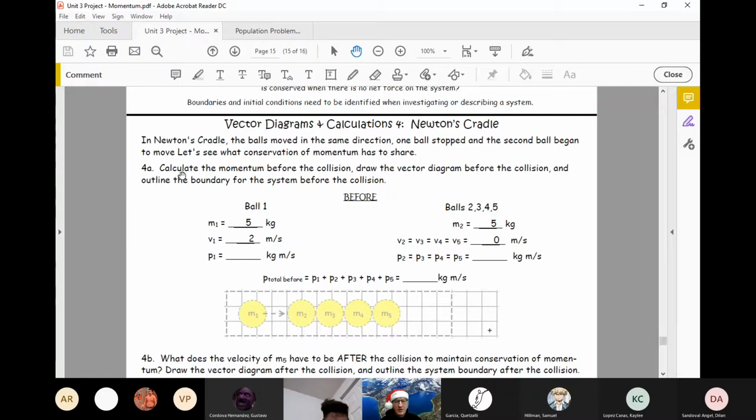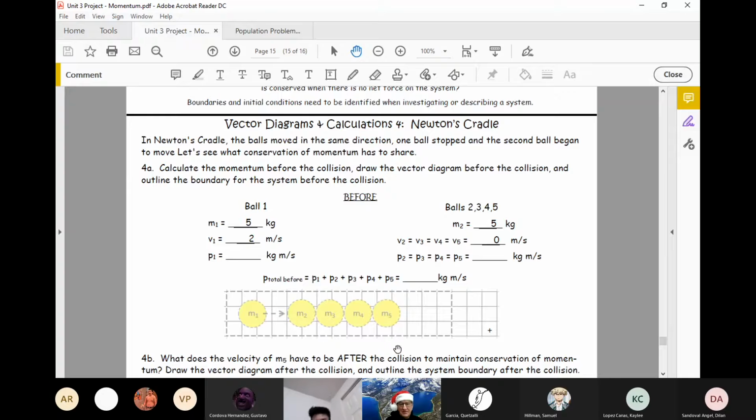They first of all want us to calculate the momentum before the collision. They want us to draw the vector diagram before the collision and outline the boundary of the system before the collision.